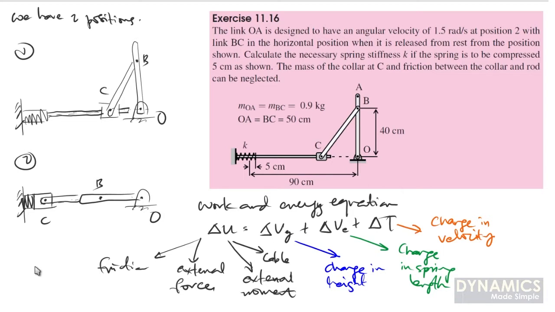This topic for me is easy, especially in terms of getting marks, because solving delta U will be separate from delta Vg, separate from delta Ve, and separate from delta T as well. So you have four components that can be solved separately, and they are not interrelated.